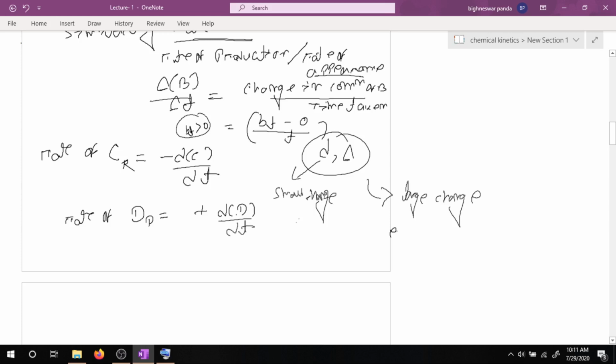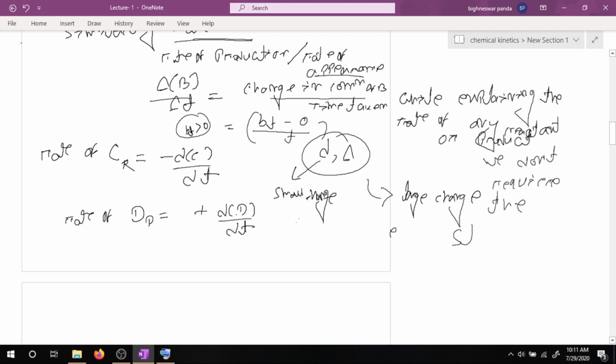While explaining the rate of any reactant or product, we don't require the stoichiometric coefficient.